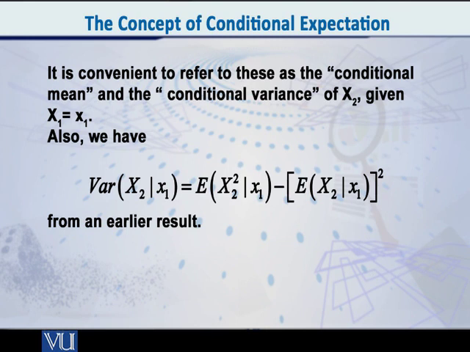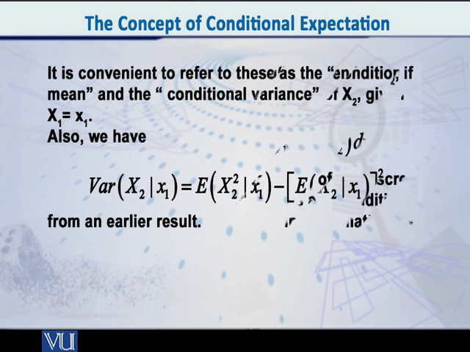Once again, you can see that it is exactly the same formula that we have for unconditional variance. यानी आम जो होता है shortcut formula for the variance of x, for example, is expected value of x square minus expected value of x whole square. यहाँ और उसमें सिर्फ ये फ़र्क है कि यहाँ ये condition जो है वो उसके साथ चलती है. And you have to write it with all those things.